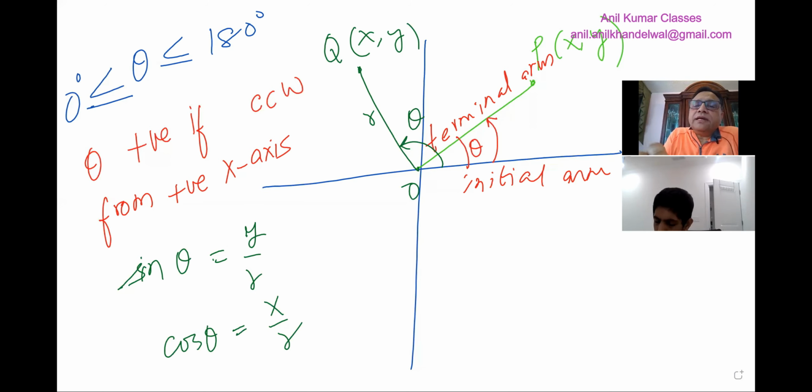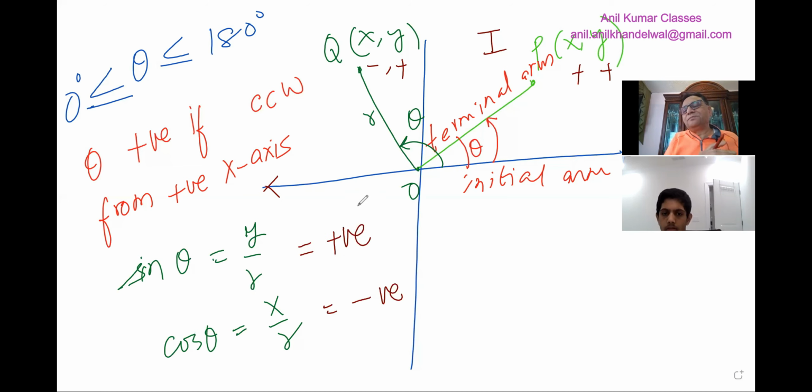But now think about the second quadrant. So this is quadrant 1. In quadrant 1, all are positive, right? But in quadrant 2, the x value is negative and the y value is positive, right? Because any point in quadrant 2 will be like minus 3, plus something. X value is negative. So in that case, the cos theta value will be negative, and the sine theta value will be positive.